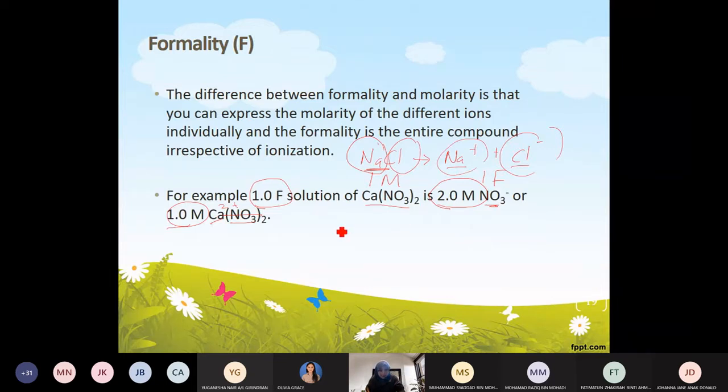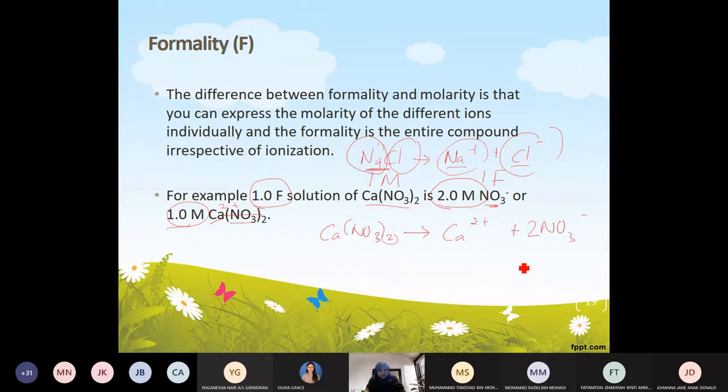So what it means here, kalau saya tulis calcium nitrate kat sini, it will ionize into calcium 2 plus and also nitrate. Remember stoichiometrically, tadi yang saya cakap in my earlier slide, kena balance. Kat sini nitrate ada 2, so kena balance.